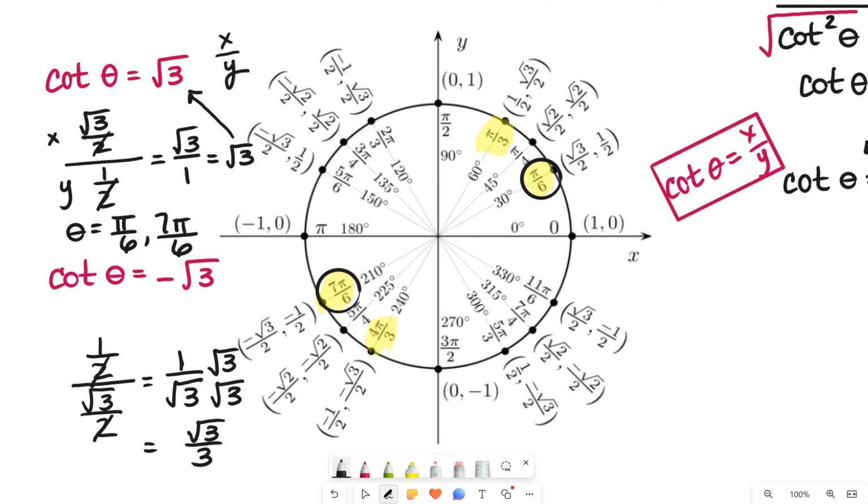Square root of 3 over 3 would be your final answer, because 1 times square root of 3 is square root of 3, and square root of 3 times square root of 3 is square root of 9, which yields a 3. So that's not what we wanted. Square root of 3 over 3 is not matching our square root of 3 cotangent.